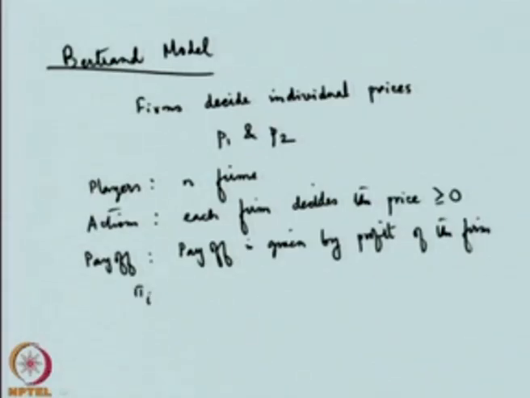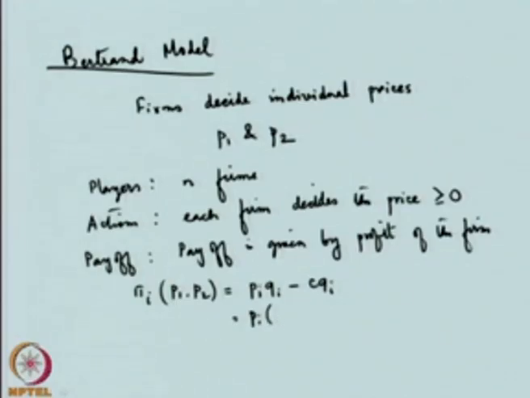Okay, so let us say pi i is a function of P1 and P2, and it is given by the following: pi i equals (Pi minus C) Qi. What is Q?